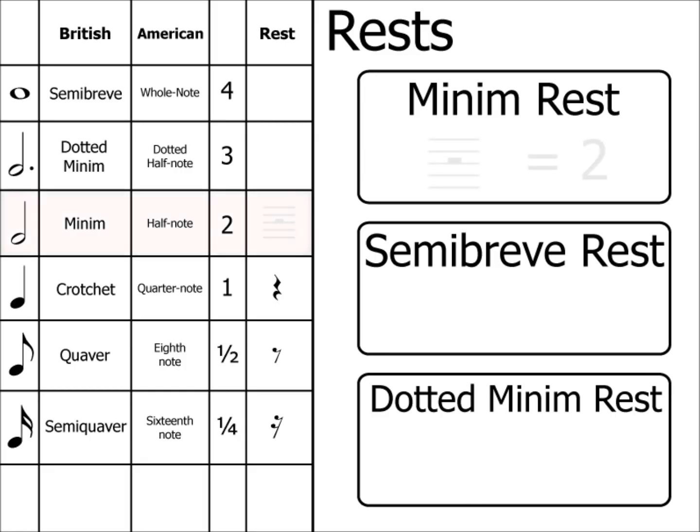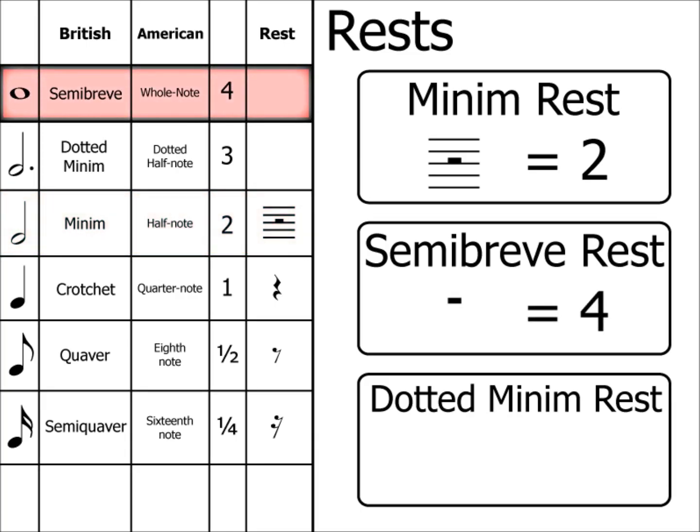Let's look at the minim rest first. It's a little black rectangle which I've put onto a stave, those 5 lines. 2 very important things to notice here. Number 1, the black rectangle sits on the line. And secondly, it sits on the middle line and not any other line. The reason these 2 things are important becomes clear if we now look at the semibreve rest.